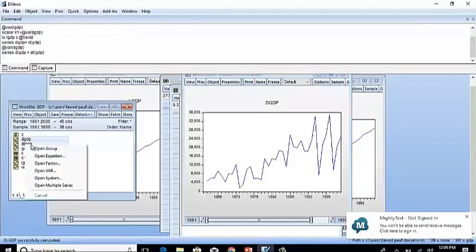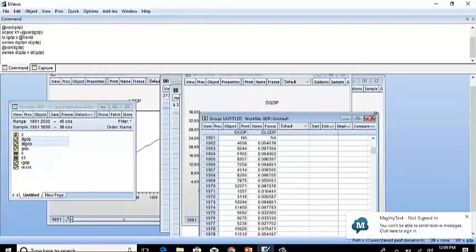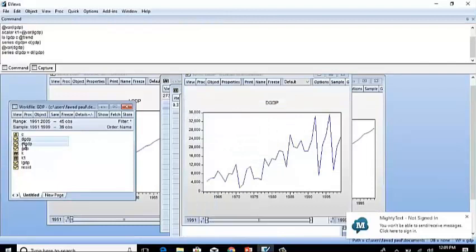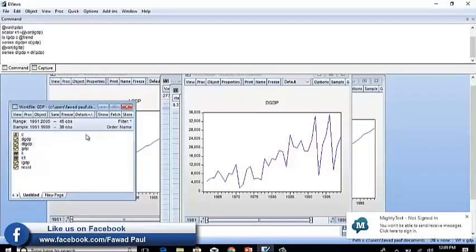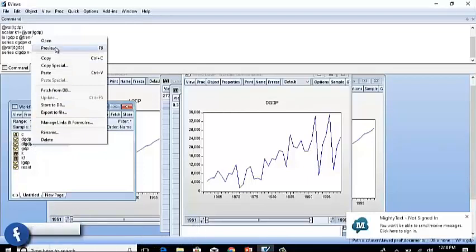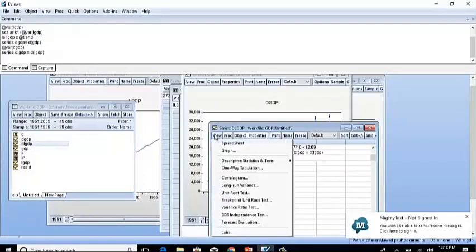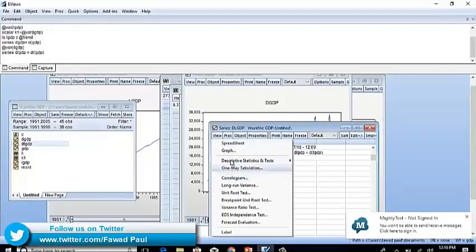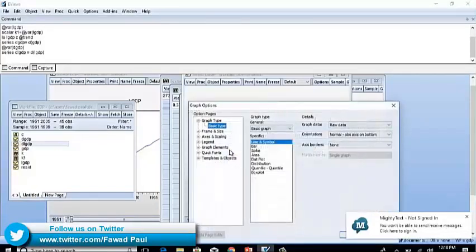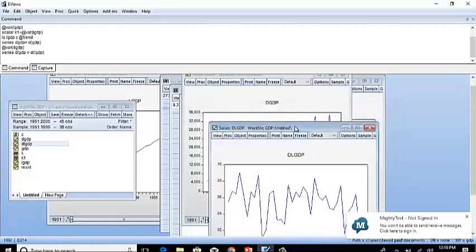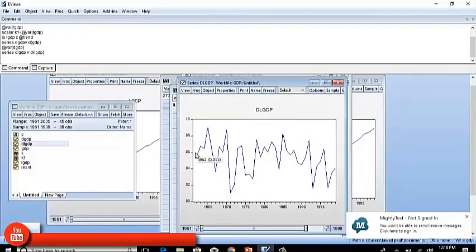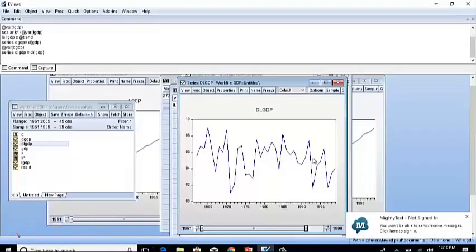Now check the graph of it. Look at this graph. The mean approaches 0 and the variance is also stabilized.